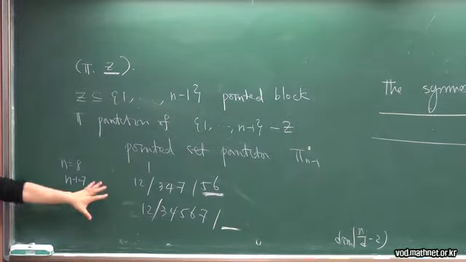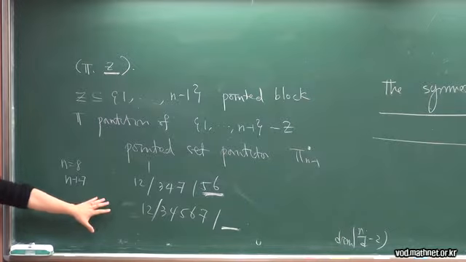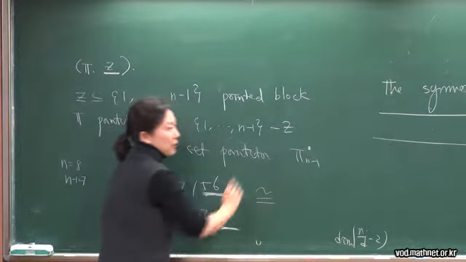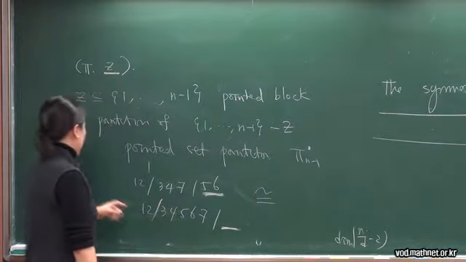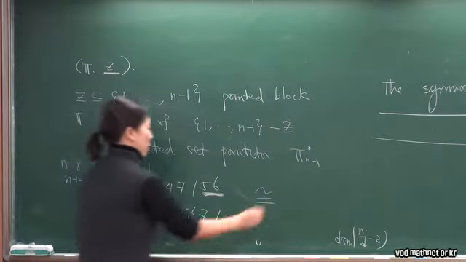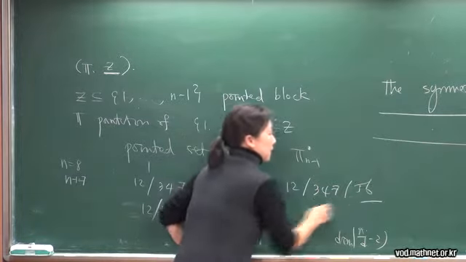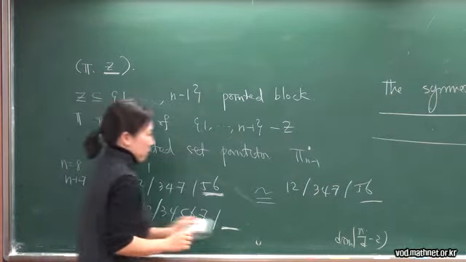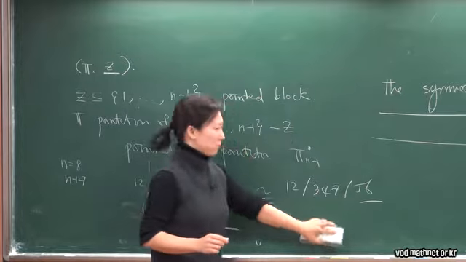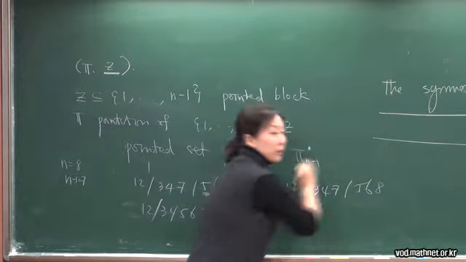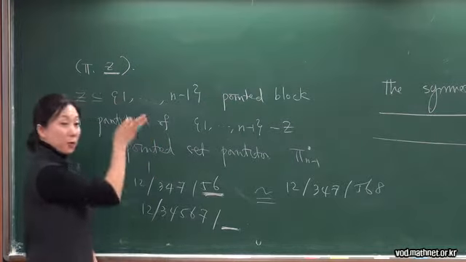But don't worry about this too much, because this is not a new thing. Actually, it has the same combinatorial construction for n is 8: 1, 2, 3, 4, 7, and 5, 6. In this case, if you don't like the pointed set partition, please erase this and put the 8 here, because always the final number is 8.